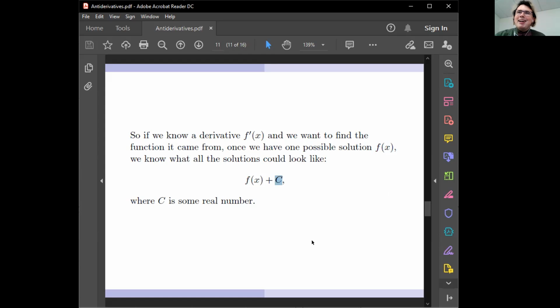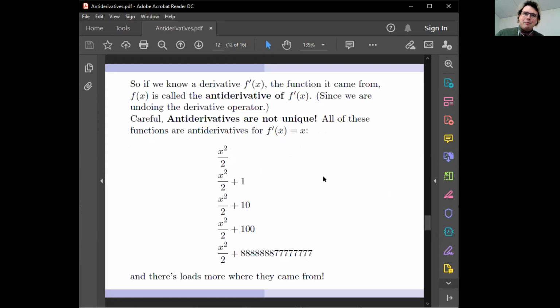All I've got to do then is just figure out what that number C has got to be. That's it. So this process of undoing a derivative comes up all the time, to the point where we're going to give it its own name.